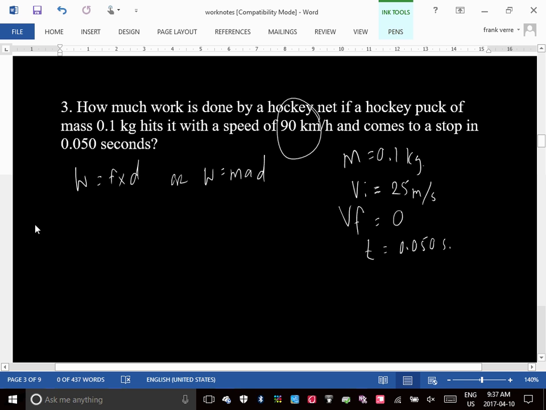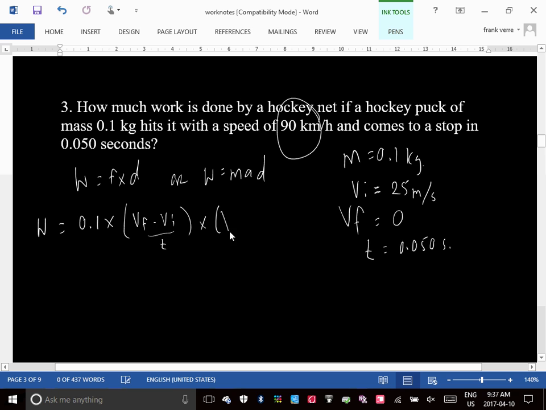Okay, so here's the thing. We can easily figure out work with our kinematics stuff that we've learned before, right? Because we have the mass, which is 0.1. Now, how do you get the acceleration? Well, that would be simply VF minus VI over T. That's your acceleration. How do you get your distance? Well, that would be V average times T, right?